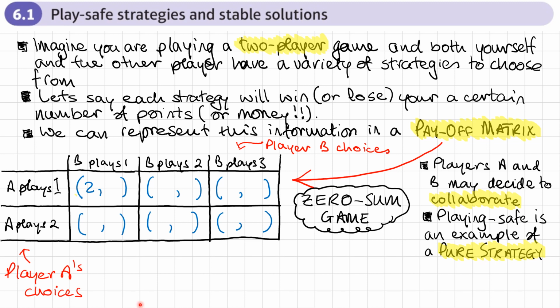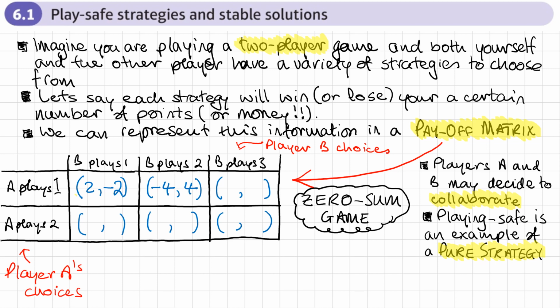So in this one here, if A wins 2, that means that B loses 2. 2 minus 2, 0. Hence the name zero-sum game. Let's make up something for this one here. A playing 1, B plays 2. So this time, let's have it that player A could lose 4, which means that player B would gain 4.